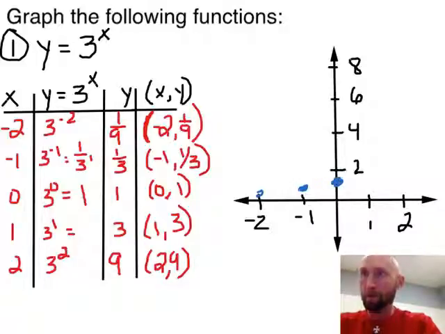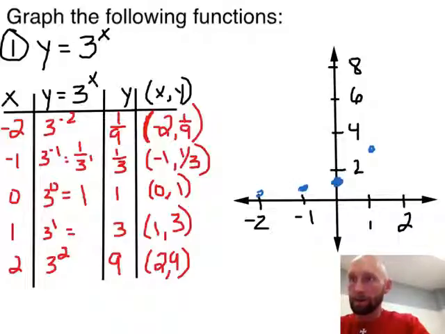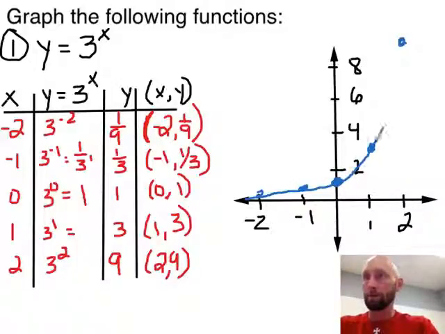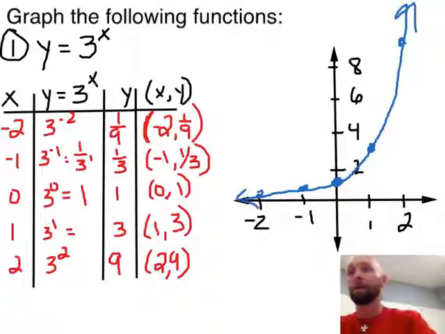Then we have 1, 3, and you can see it's starting to trend upward a little bit more, and then 2, 9 would be up there. If we're just going to make a rough sketch, try and go through the majority of these points. And that's what the graph of the exponential function y equals 3 to the x power would look like.